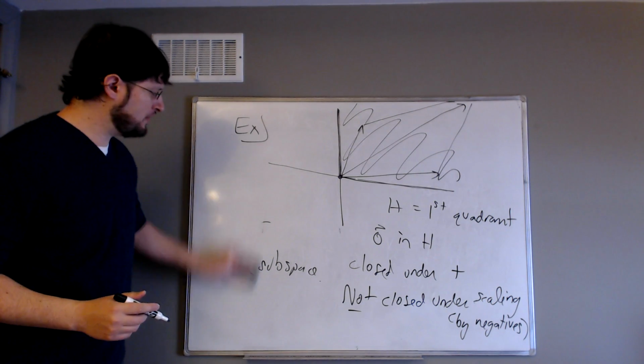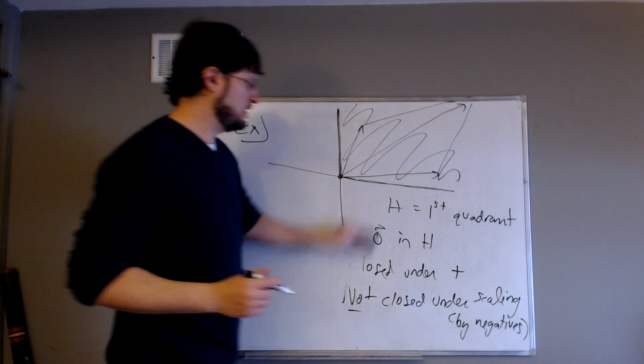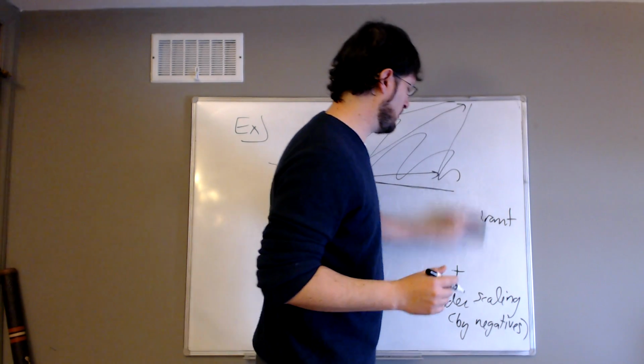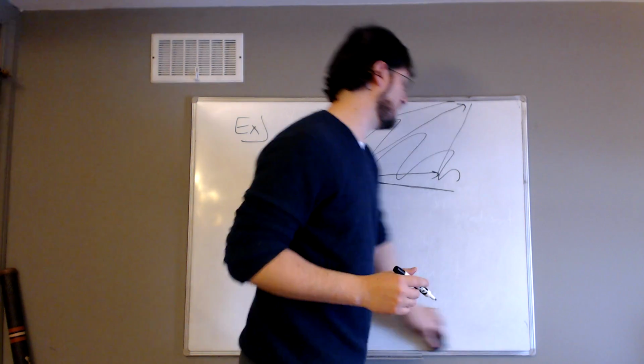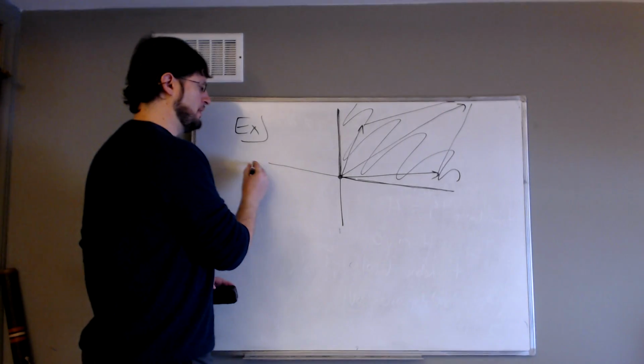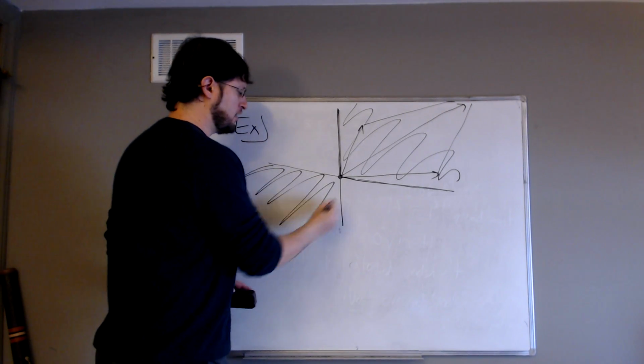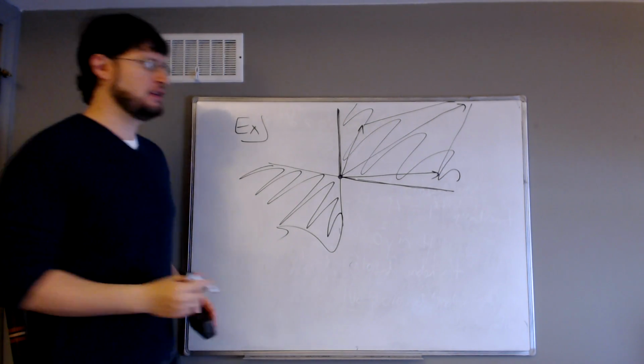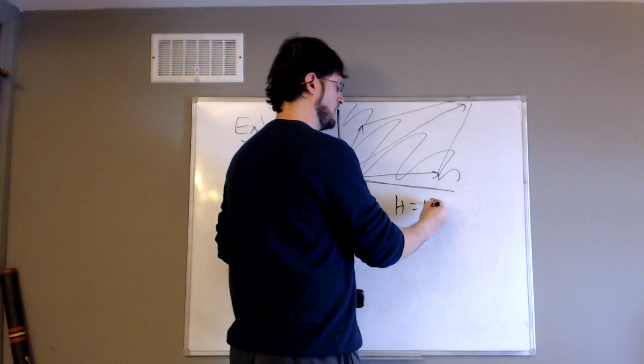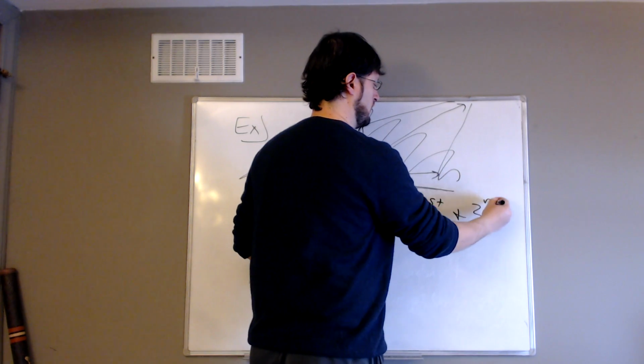So maybe you say, well, what if I look at not just the first quadrant? If the problem is closed under scaling and I need to include the negative scaled versions, well, how about if we look at the first and third quadrants together? So let's say that H is the first and third quadrants.